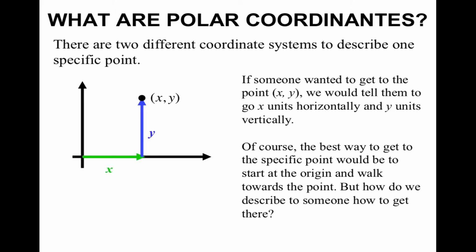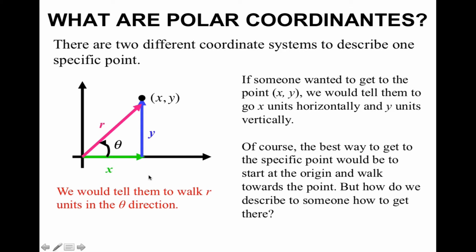The best way to do that is, if you're standing at the origin, you can turn your body so many degrees, or in our case, radians, and then walk at that angle to the specific point that we want. We call that angle theta, and that distance is going to be r.